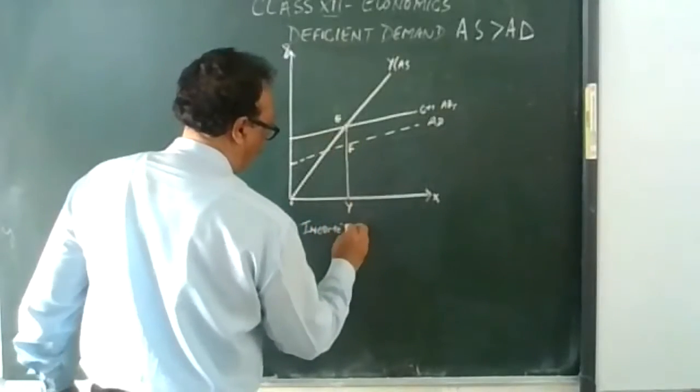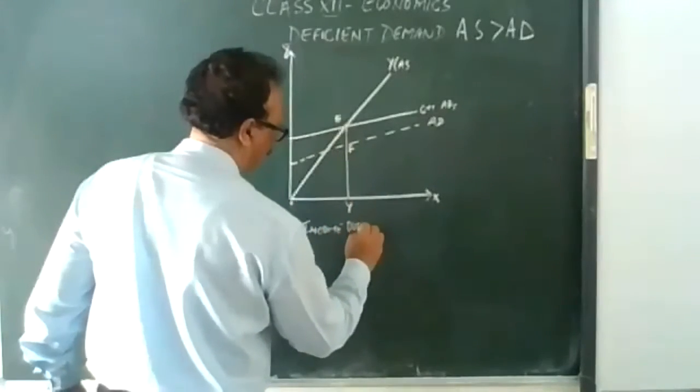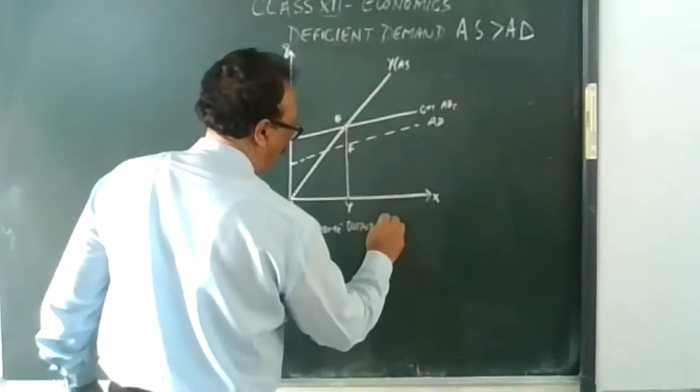On the x-axis, we have income, output, employment.